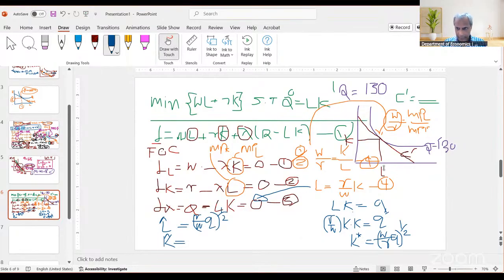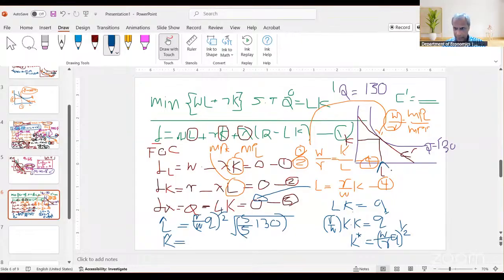Now we get the amount here, the L. Now, for example, now W and R 5 divided by 5. Q is 130. The square root. Yeah, I don't have a calculator, but you can find 130 is somewhere around 11 point something.